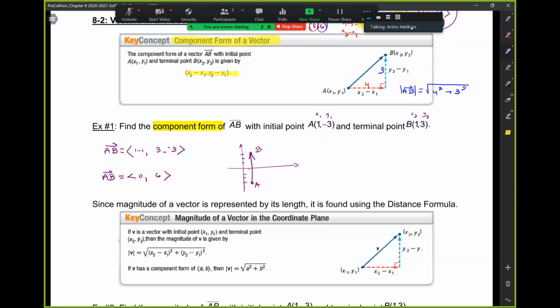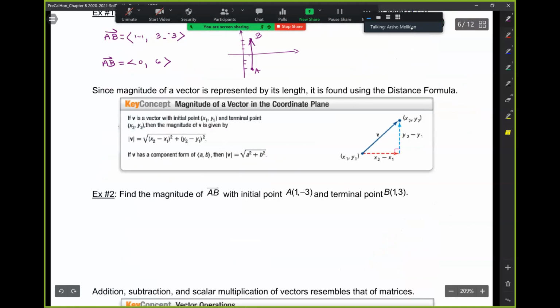Yep. But where did we get 4 from? What was 4? Remember, we just did x2 minus x1 to get the 4, right? So that's squared. And then that one was y2 minus y1, so that's squared.